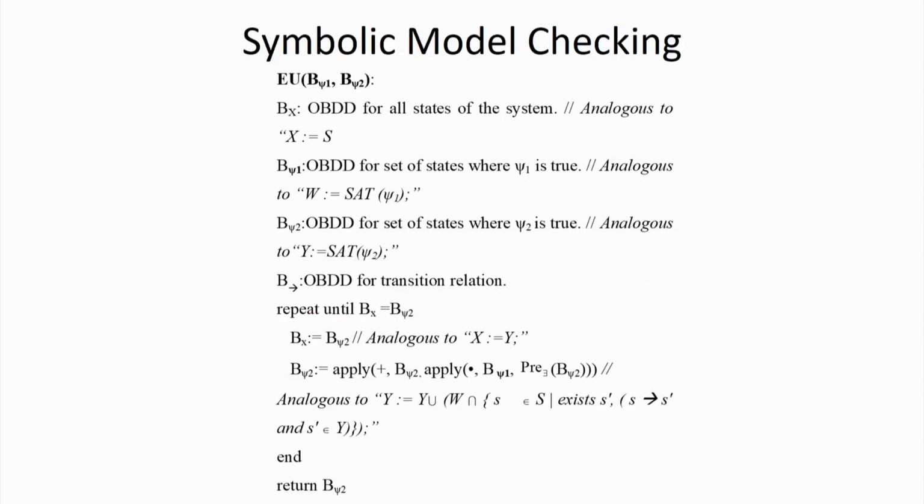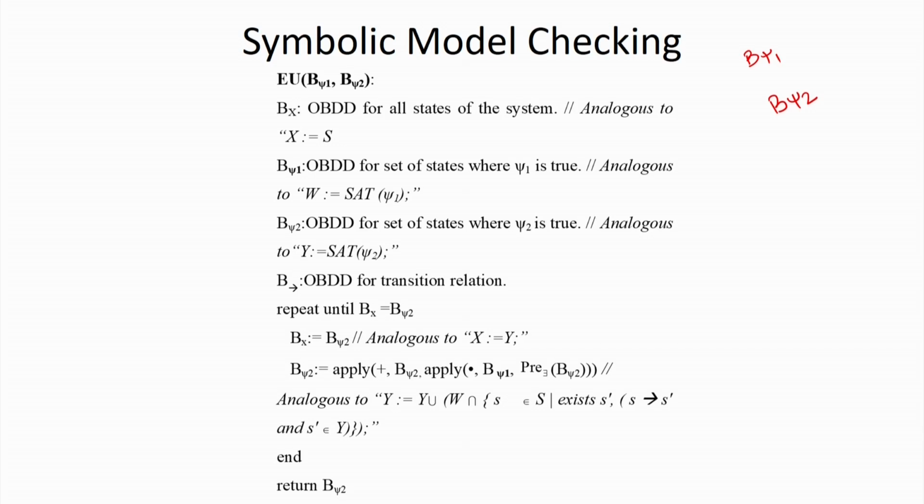So, this represents the symbolic model checking implementation, where we are using the ordered BDD. B psi 1 is the BDD representation of the set of states where psi 1 is true, and B psi 2 is the set of states where the CTL formula psi 2 is true. So, these are the two BDDs we have.